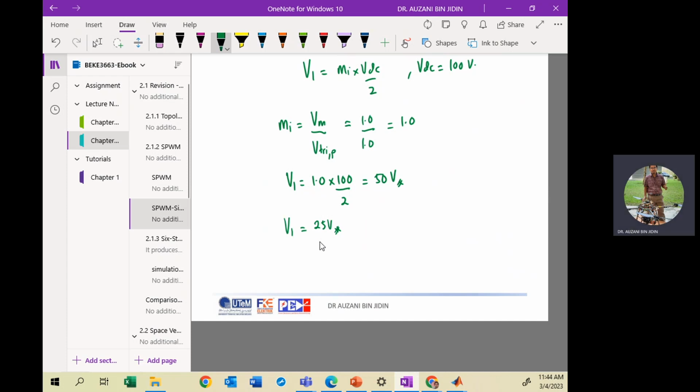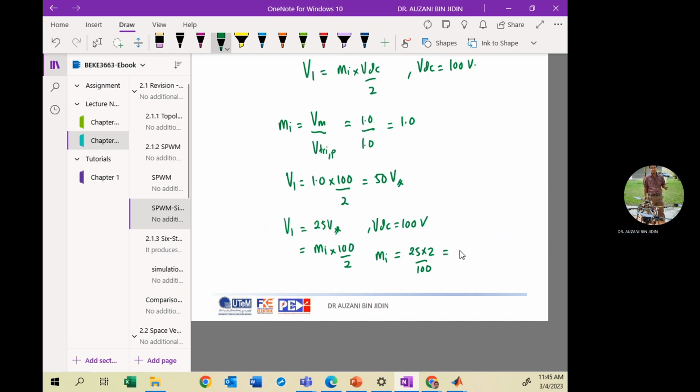In this case, in order to get V1 of 25 volt, you have VDC constant at 100 volt, so here will be 100 divided by 2. Then you rearrange the equation to calculate the required MI. So from here, 25 times 2 divided by 100, then you get 0.5.